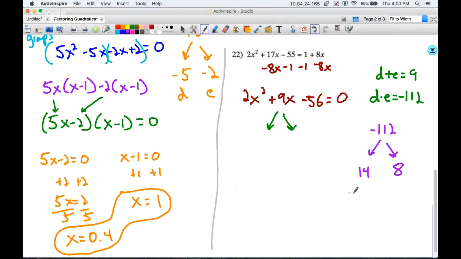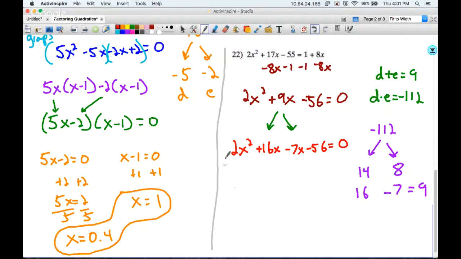That gives us 7. So 16 and 7, with the 7 negative. These 2 numbers multiply to be negative 112, but they add to be 9. So that's good. So let me split my equation here. It's going to be 2x squared plus 16x minus 7x minus 56 equals 0.